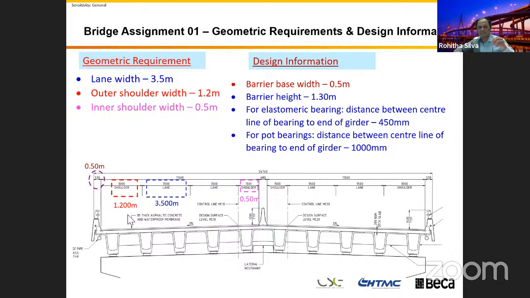Any question here? You can calculate the bridge width, right? You agree with me or not? The question is, with the information given to you, can you calculate the width of the bridge deck? Someone say yes or no, please. To me, I can.